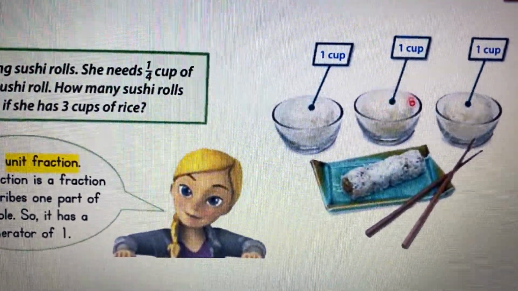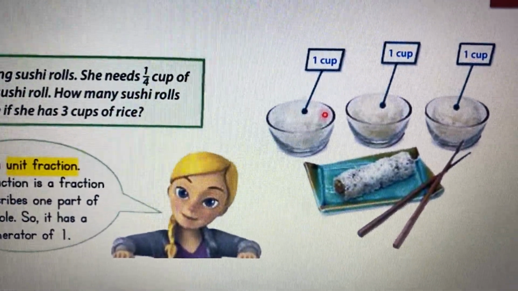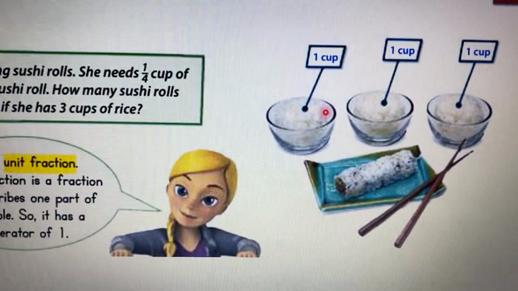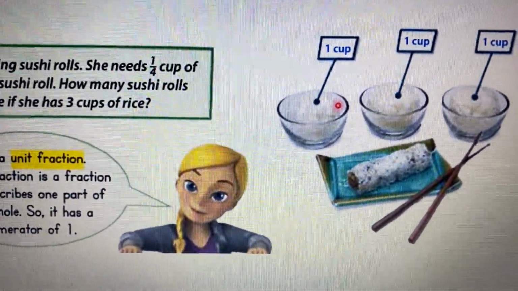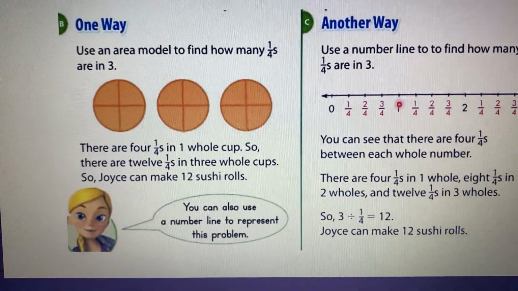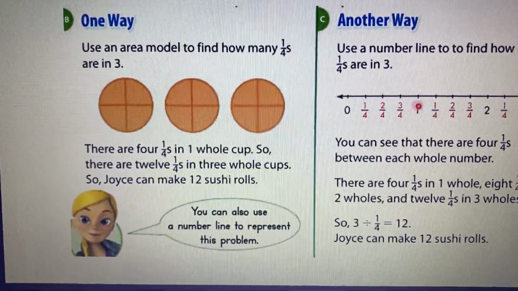Not from each one, 1/4 only from the first cup, 1/4 from the first cup until all of them are done. Each 1/4 can make one sushi. So in this case, I will divide 3 divided by 1/4.